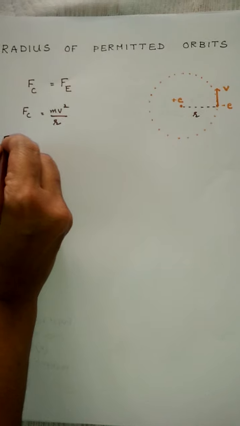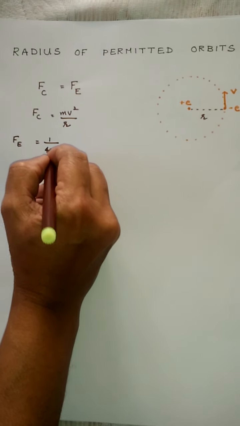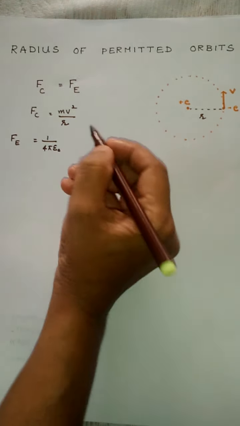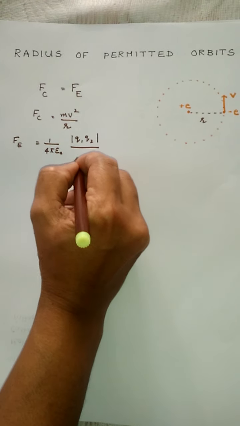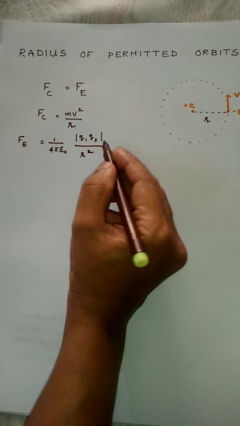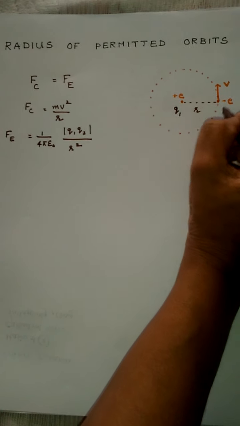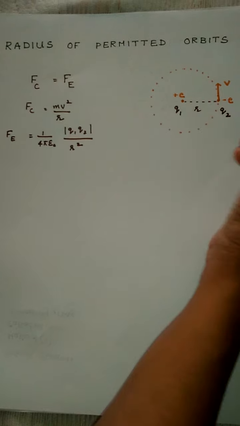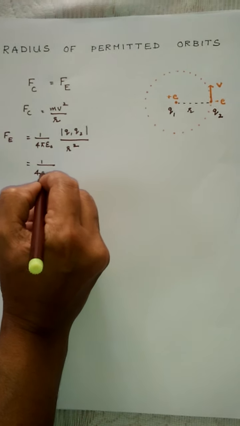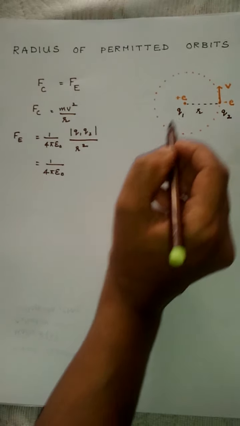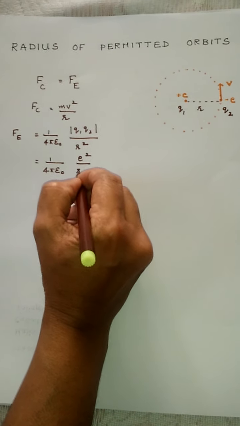And the electrostatic force of attraction Fe is equal to 1 by 4 pi epsilon 0, which is a constant, modulus q1 q2 by r square. q1 and q2 are the two charges. Here q1 is the charge of the nucleus and q2 is the charge of the electron. So that is equal to 1 by 4 pi epsilon 0, modulus we are taking, so e into e is e square by r square.